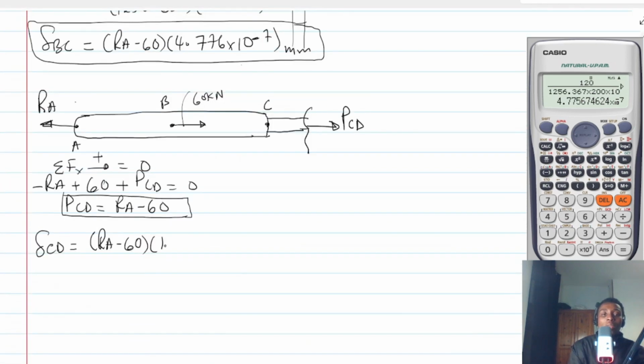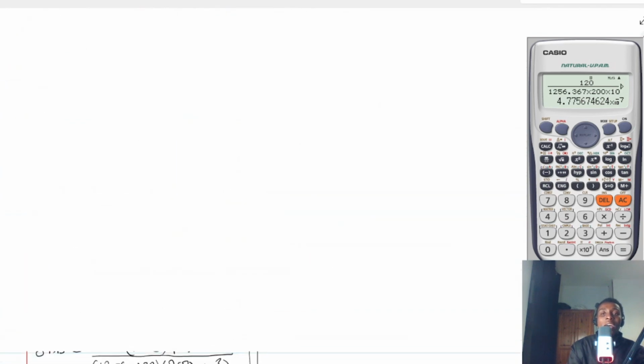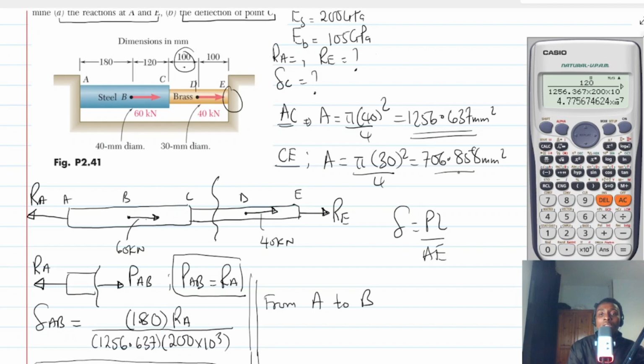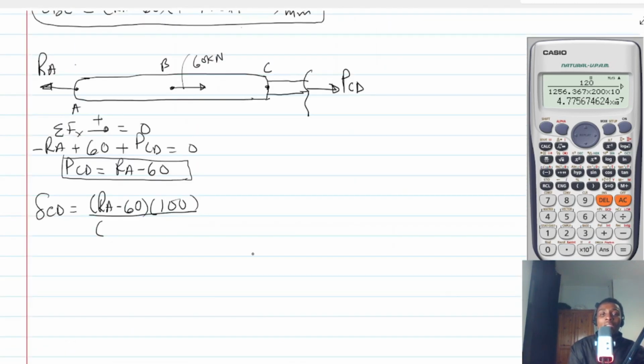So 100 millimeters divided by area. The area will be the brass portion, which is CE, so it's going to be 706.858. We are using this formula PL over AE.